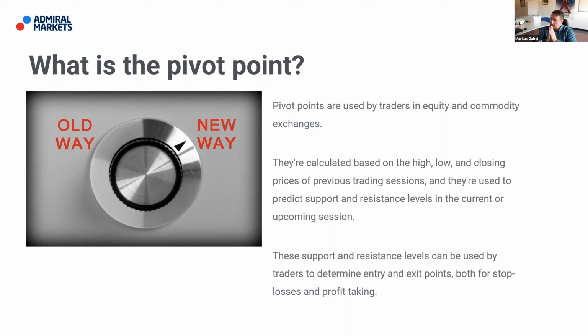But there's always a but. It's not the Holy Grail. And you know, again, if we have a look in the Bookmap or in the order book, you will never find a pivot point in the order book.